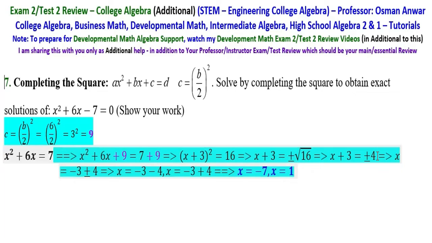That means x equals minus 3 plus or minus 4. That is x equals minus 3 minus 4 or x equals minus 3 plus 4. Minus 3 minus 4 is minus 7, so that's x equals minus 7. Minus 3 plus 4 is 1. So the solution is x equals minus 7 or x equals 1.